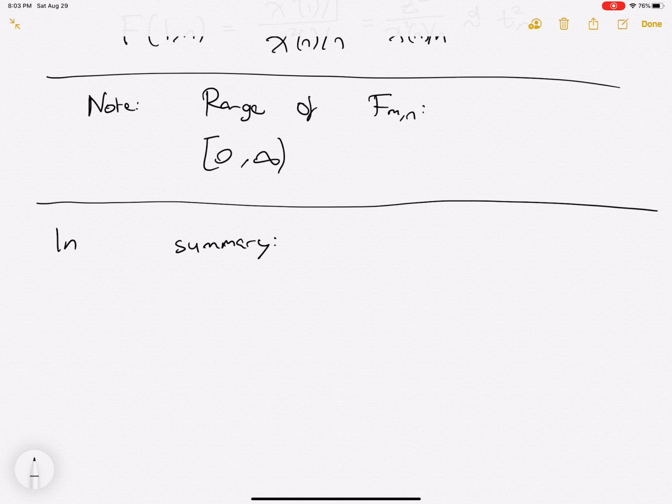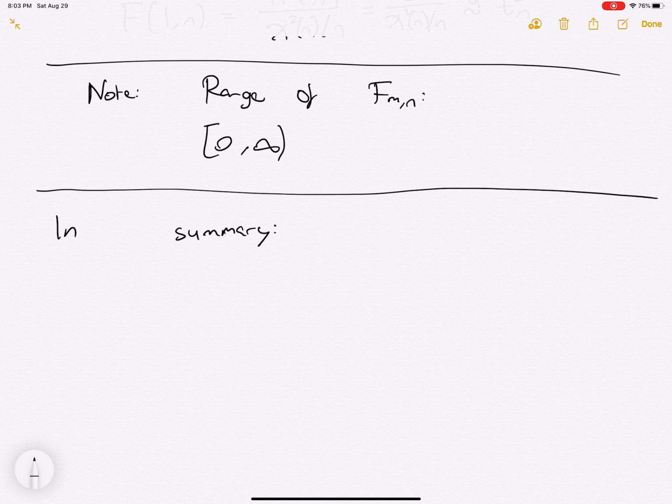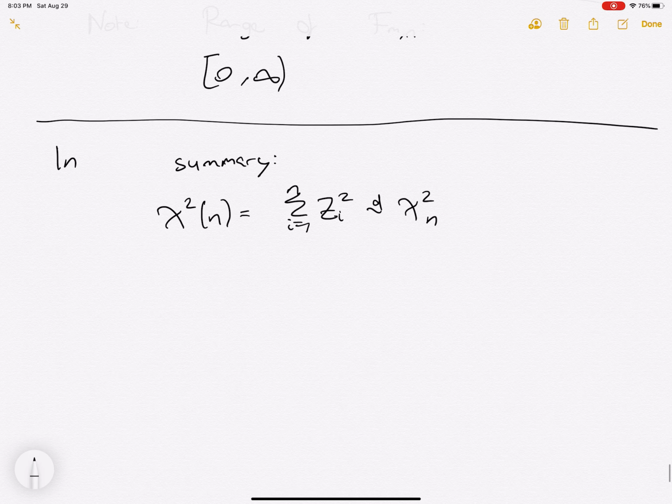Just to summarize the distributions that we're going to see and use. We have the chi-squared, which is the sum of these independent normal squares. We're assuming that they're independent.